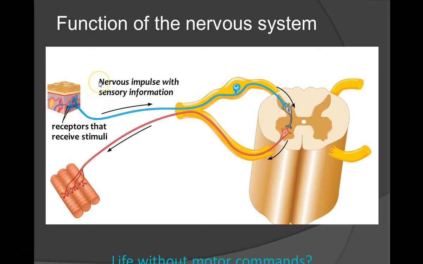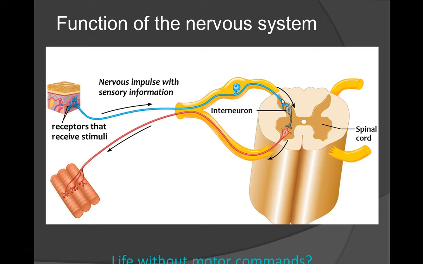The word that is used for that electrical signal is nervous impulse. You may also hear it called action potential. So again, stimulus is picked up by receptors, and then that's going to travel as an electrical signal down this sensory neuron, this sensory nerve cell.